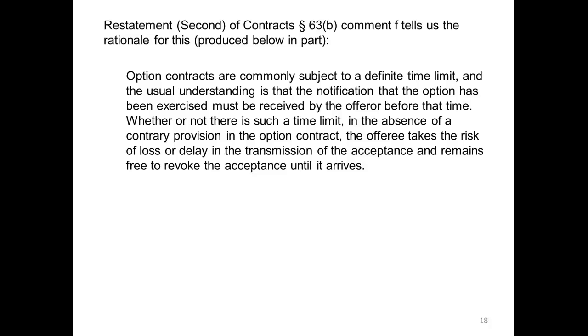So I'm going to have to artificially extend out the deadline to make sure I don't sell the land Saturday morning to somebody else, receive your acceptance on Monday, and now have two contracts to sell the same piece of land. So that time limit's on purpose, and we don't want to artificially extend it out through the mailbox rule.